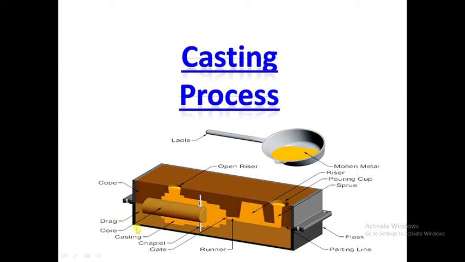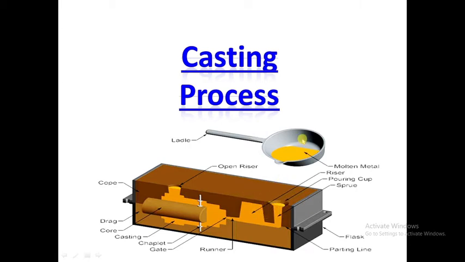And here you can see the core is there, the casting is here, and apart from this the riser is also over here. Then one more riser is over here, pouring cup, sprue. Here you can see the different parameters which are available in the casting process.